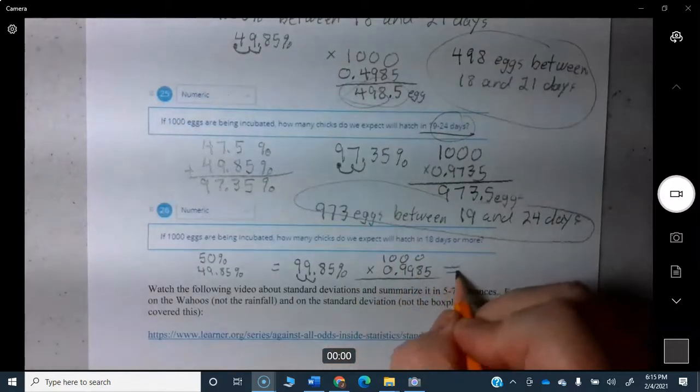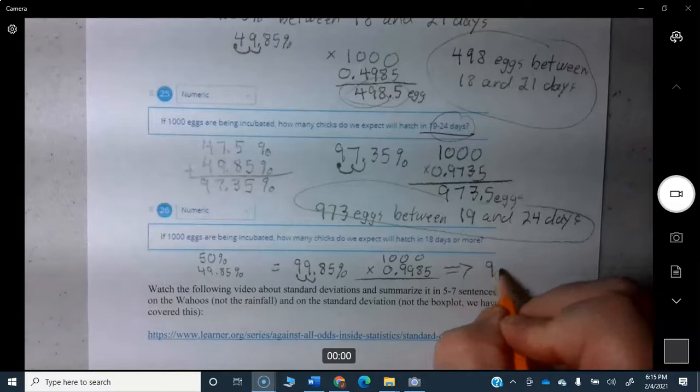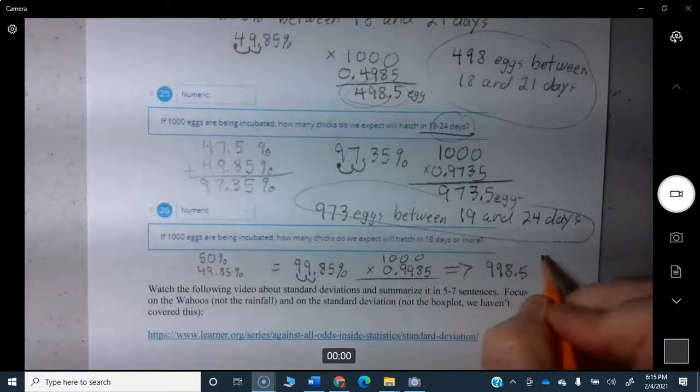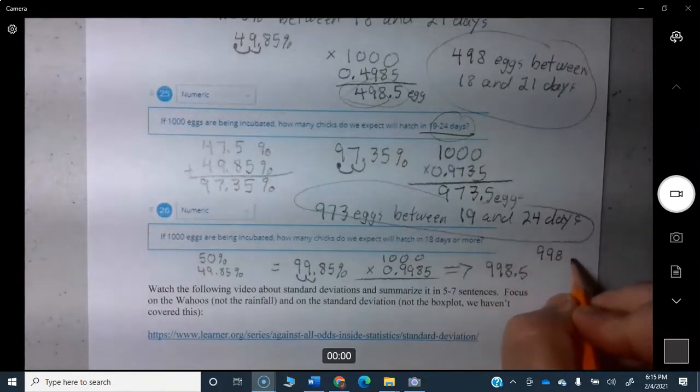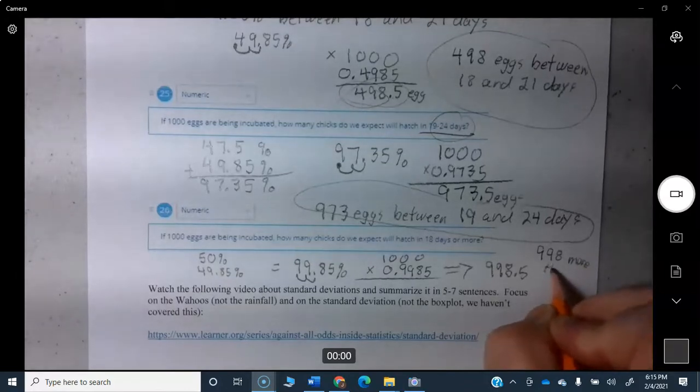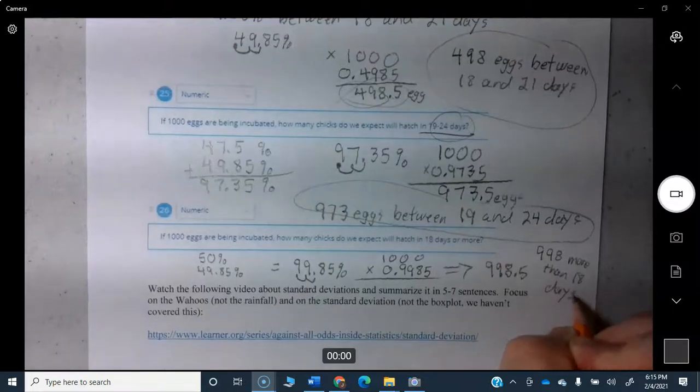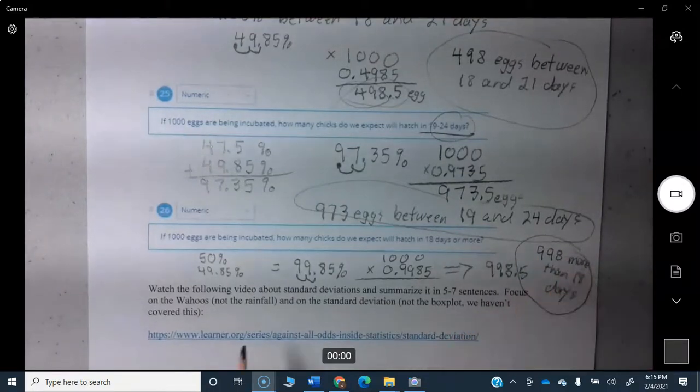Multiply that, and over here I'll write the answer. It's going to be 998.5, but you can't have a half an egg, so it's going to be 998 in more than 18 days. Okay, that's your final answer for that, okay?